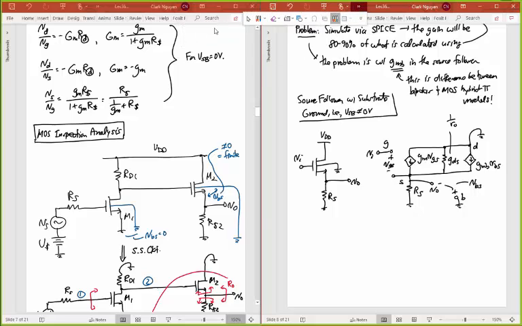Let me do this in red. So first of all, since I want to work in conductances here, just because it's going to be easier to add things up a little later on, I'll call RS 1 over GS there. And so this thing here, in red, that's a 1 over r0. GDS is 1 over r0. And so from all of this, I can immediately write that vgs is just going to be equal to vi minus vout.